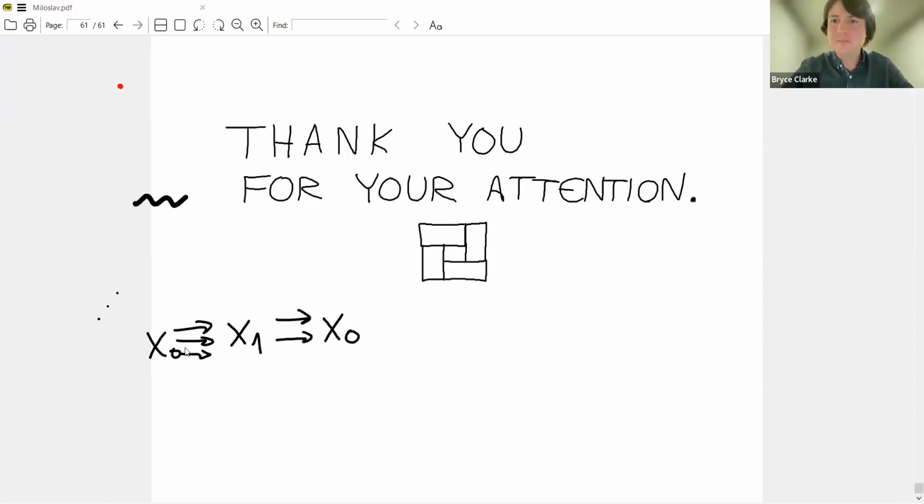I also had a question. You had these full subcategories of the category of double categories and double functors that you defined. Is there any hope that these full subcategories are reflective or coreflective? I'm not sure.